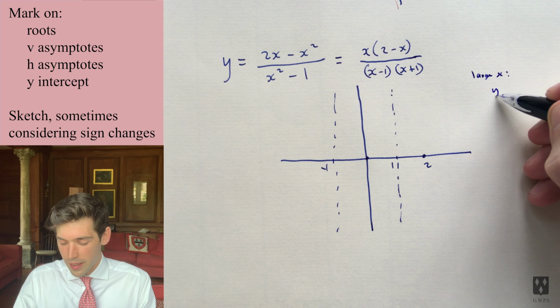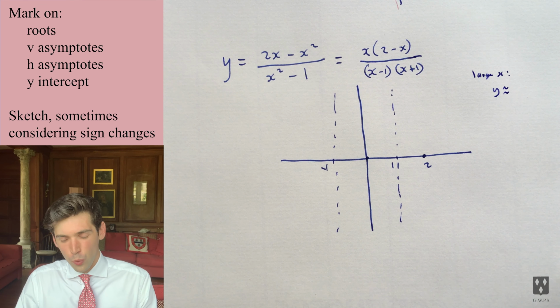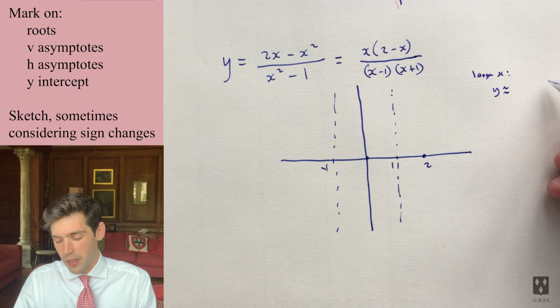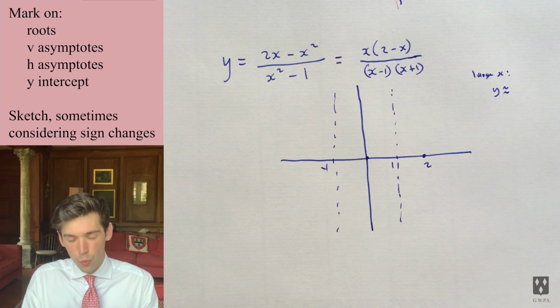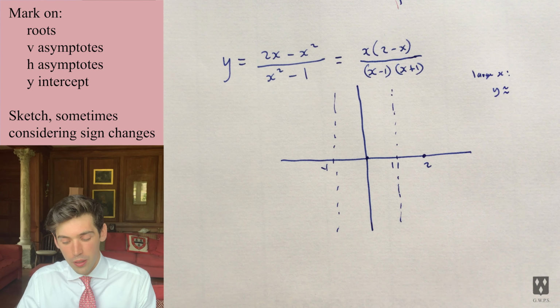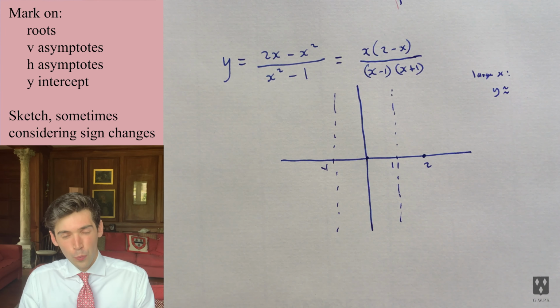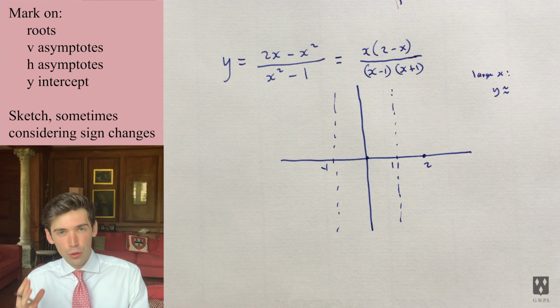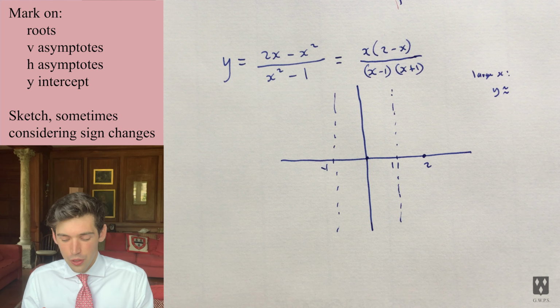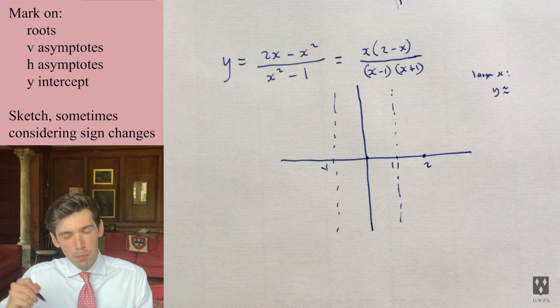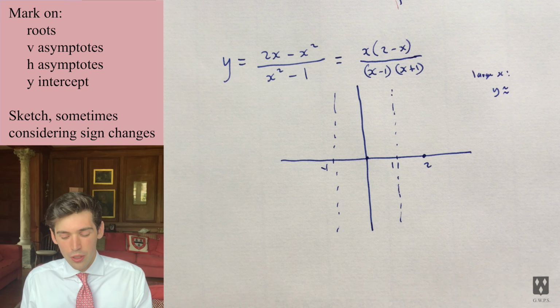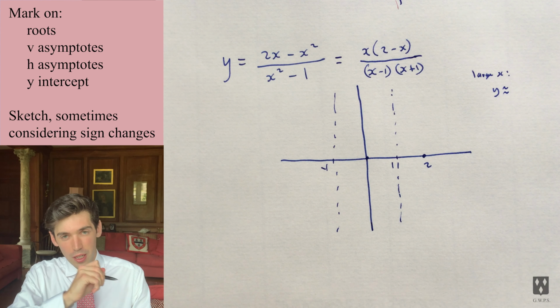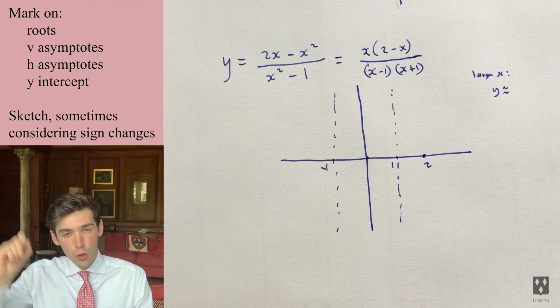What happens, we get y is approximately, now you might think it's going to be 2x minus x squared over x squared and ignore the 1. But actually we can go further. We can ignore the 2x as well. Because when you're looking at really large x, the higher the power of x, the more significant it gets. So x squared gets much, much bigger as x increases compared with x. x goes up linearly, whereas x squared goes up quadratically.